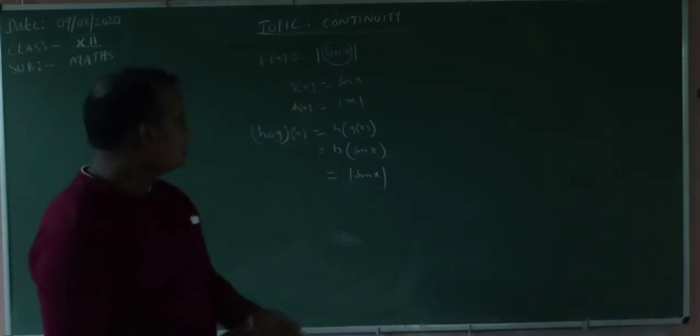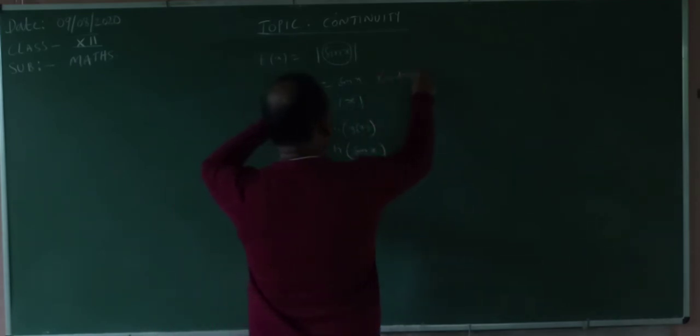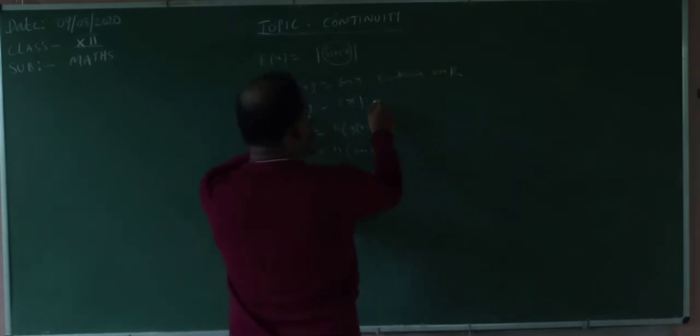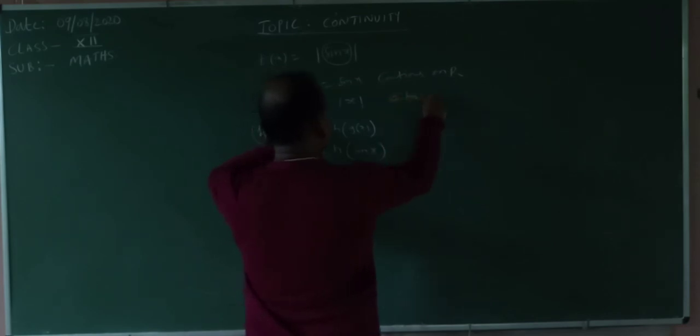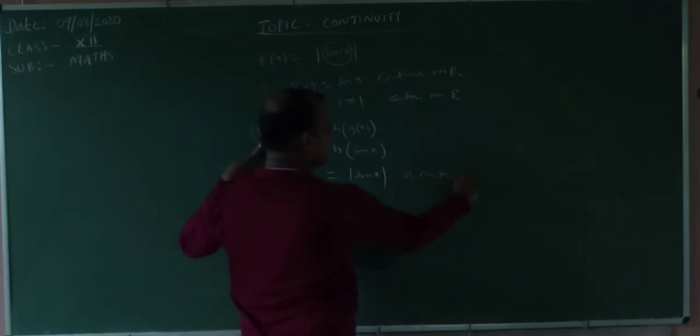Understood or not? Here g of x is continuous on R, h of x is continuous on R, therefore h circle g of x is continuous on R.